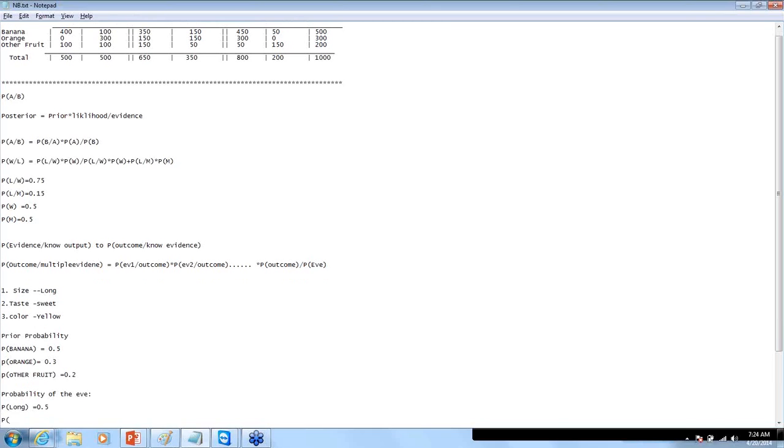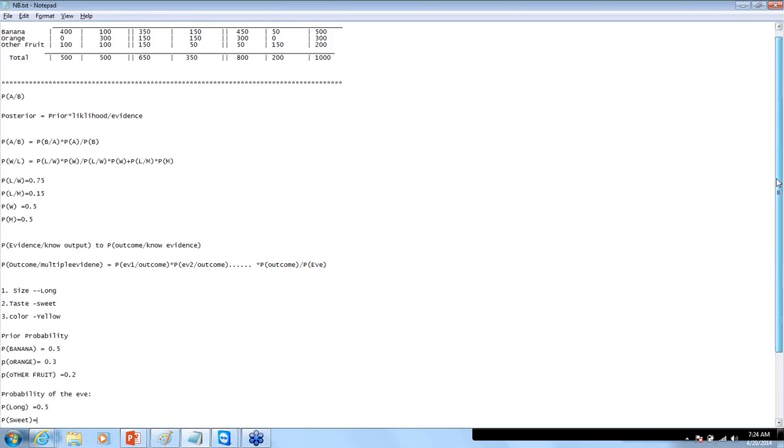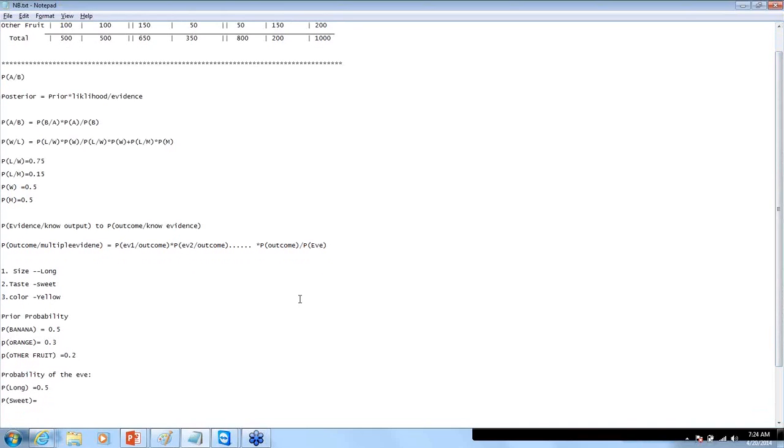Now the probability of sweet fruits in the given data set. Let me pull it up. We have 650 sweet fruits out of 1000 total, so 0.65 is the probability.